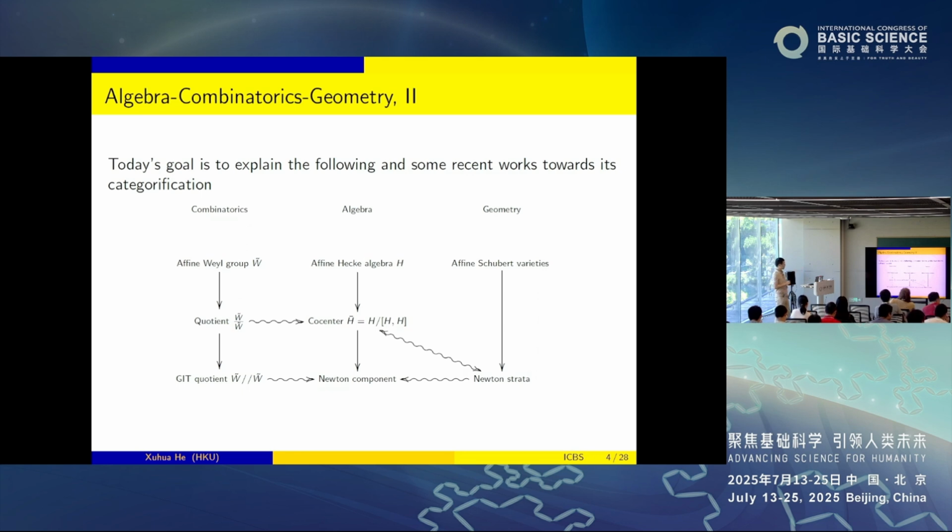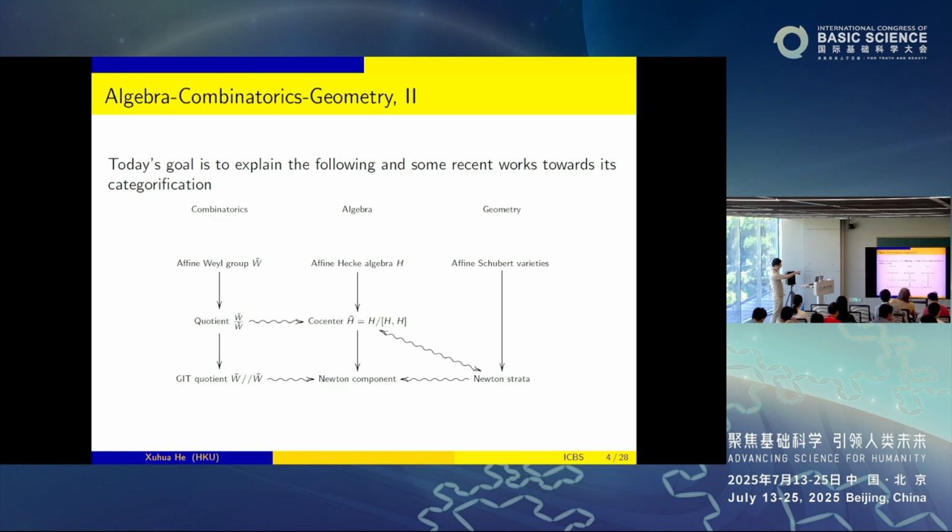The algebraic version corresponds to the cocenter of the affine Hecke algebra. There's something interesting: there's no direct analog in the geometric part.